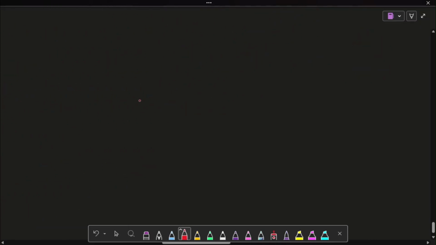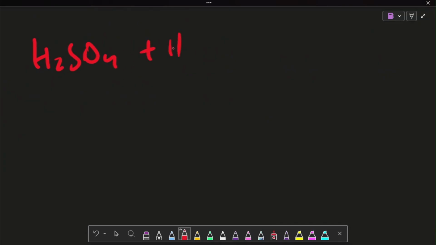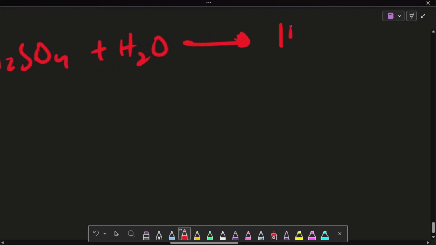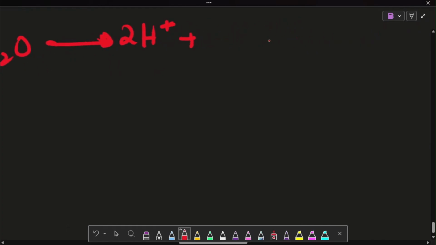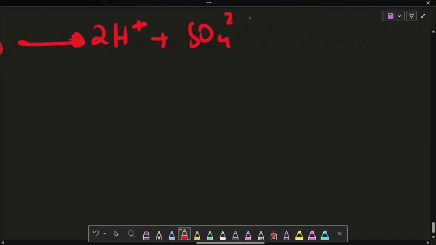So if you were to take H2SO4 and put it in water, that gives you 2H plus ions plus SO4 2 minus.